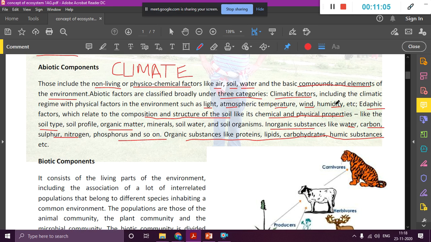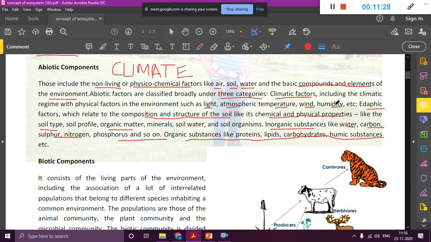What is in the soil, in some places, if you go to Bankura, if you go to Purulia, you will find that the soil is red because they have got high, it's a laterite type of soil, high iron content there. And if you go to areas like Digha and all, you'll find that the soil is a bit darker.